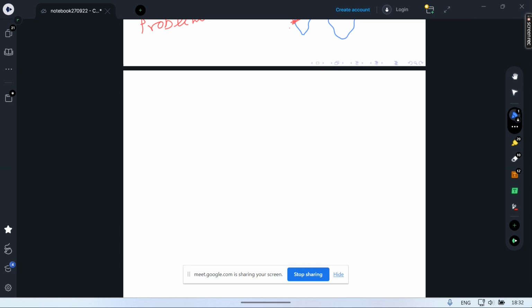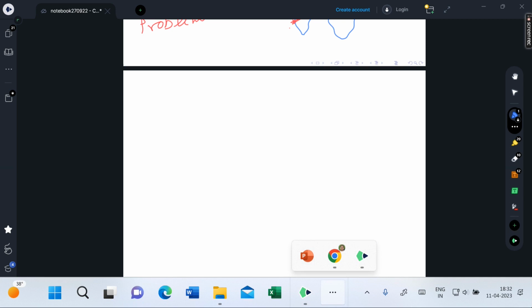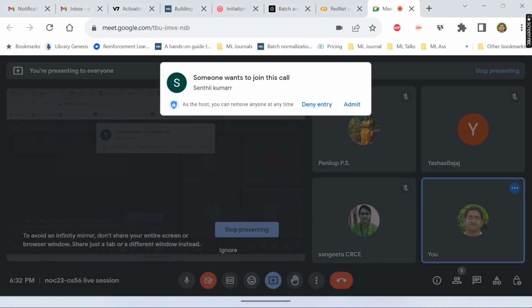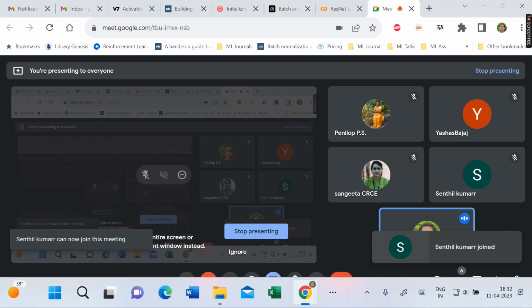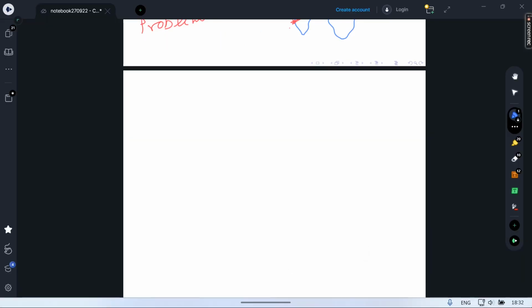It's not a complete solution, but what are the ways in which you can reduce these kinds of problems, vanishing and exploding gradient problems?